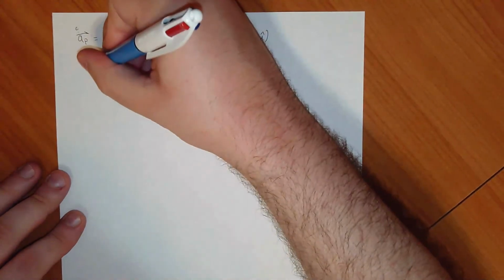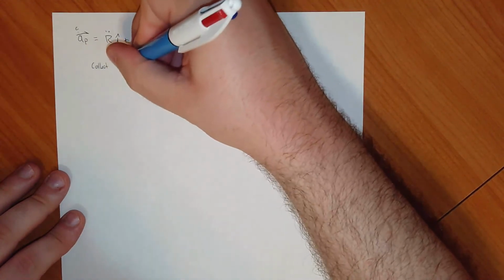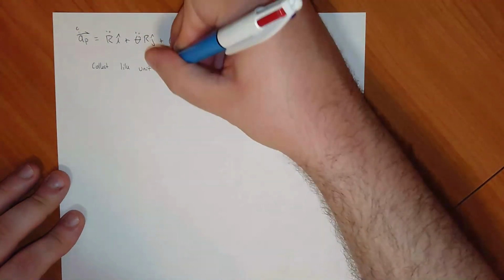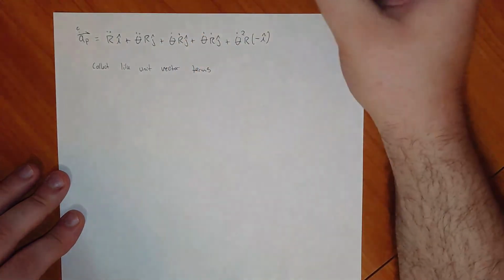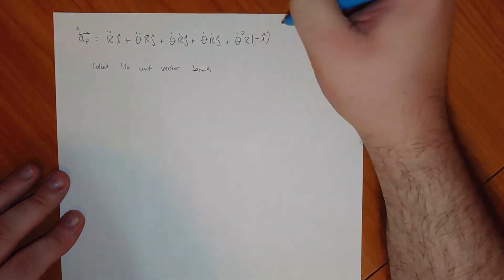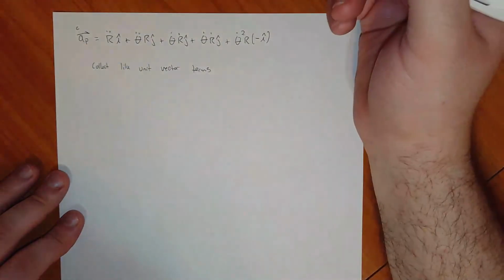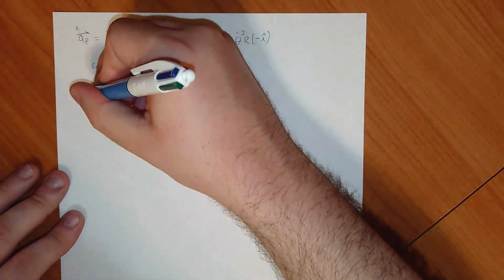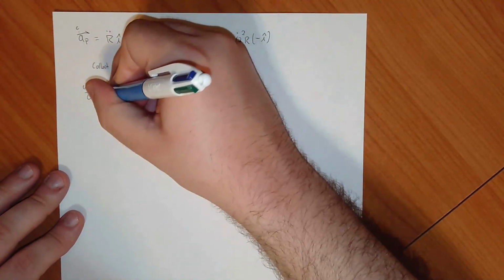So I want to collect like unit vector terms, i hat terms independent from j hat terms, so that I've got basically a pure vector representation of this acceleration. So the acceleration of my point P in the G reference frame.